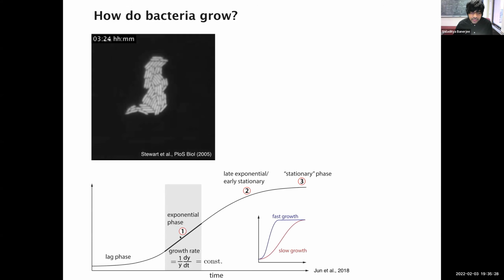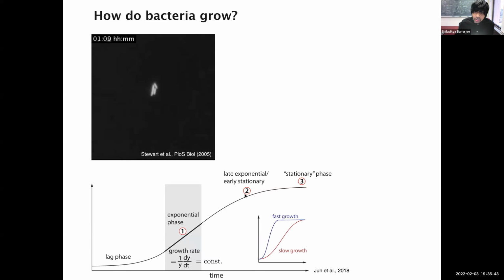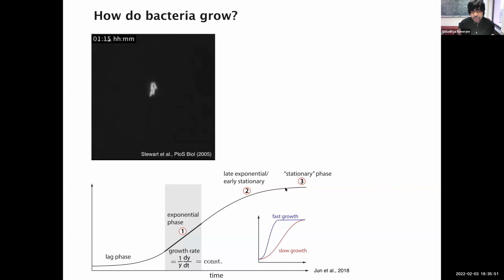And initially they grow in an exponential phase, right? So that means that the rate of change of the number of cells is in proportion to the number of cells. As time goes on, the food runs out, the nutrient runs out, so the growth stops, okay? So this type of population growth can be modeled by something called logistic growth, okay?